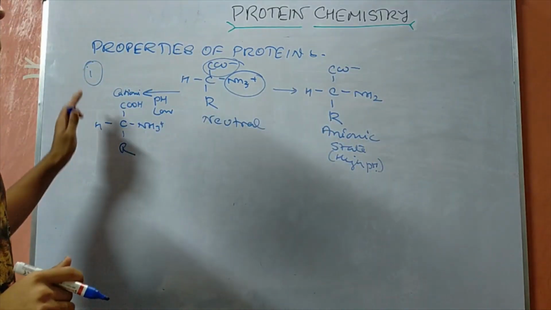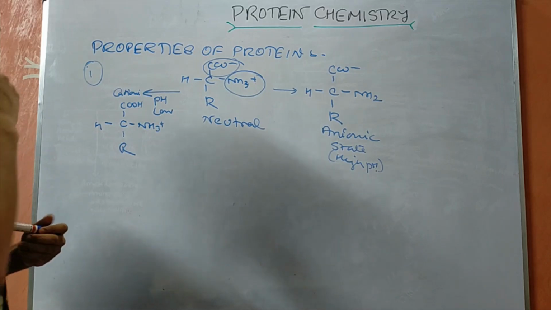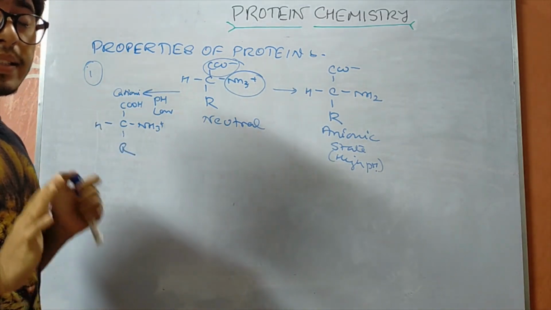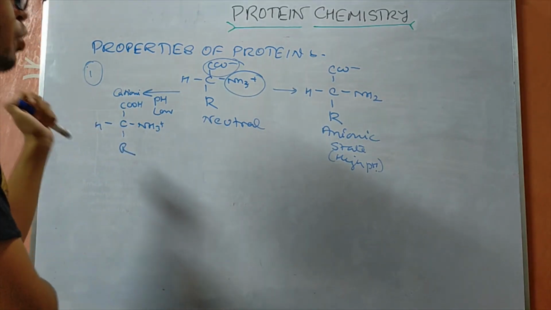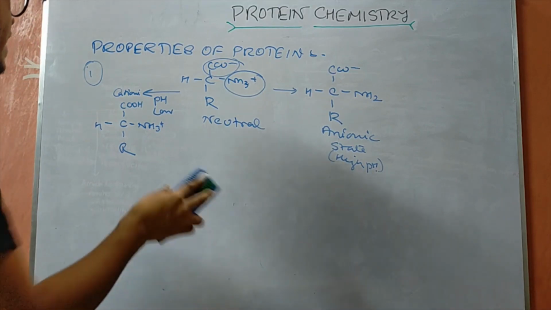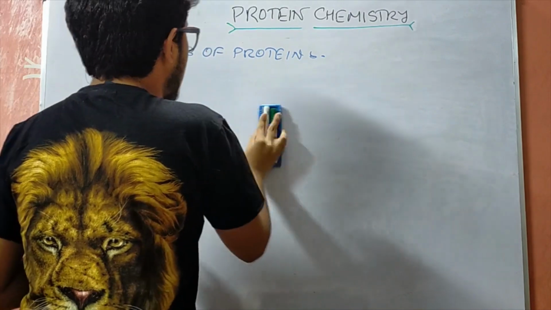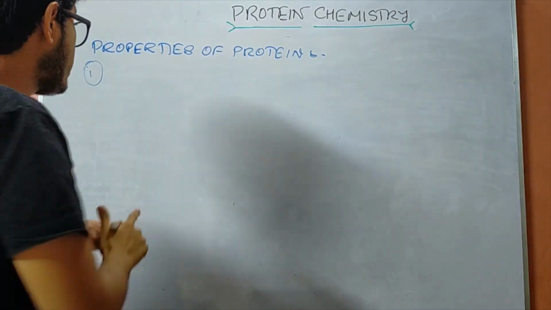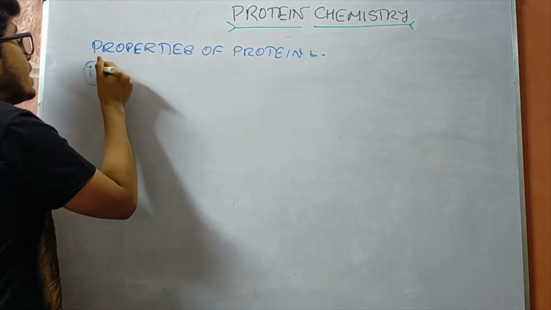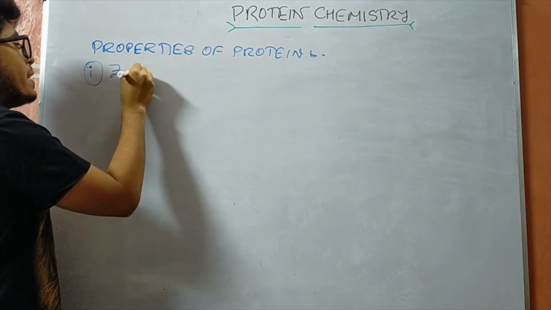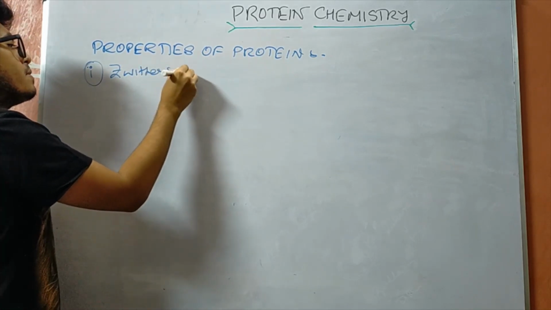This is one of the most important properties of proteins, the zwitterionic state. Now, proteins are usually present in the L form, unlike the carbohydrate molecules which are present in the D form. So the first property is the zwitterionic state.